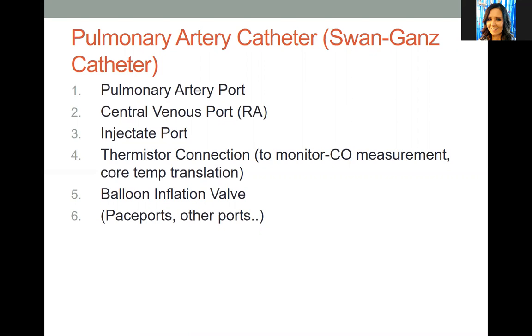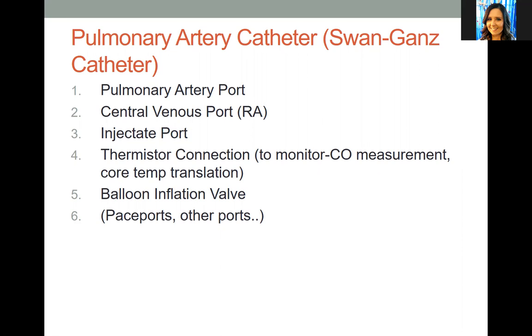With the proximal port, it opens into the right atrium. This is the one we can use to give IV medications or fluids. We can actually measure our right atrial pressures, i.e. CVP, with this port. The catheter also has a balloon inflation hub with a valve.